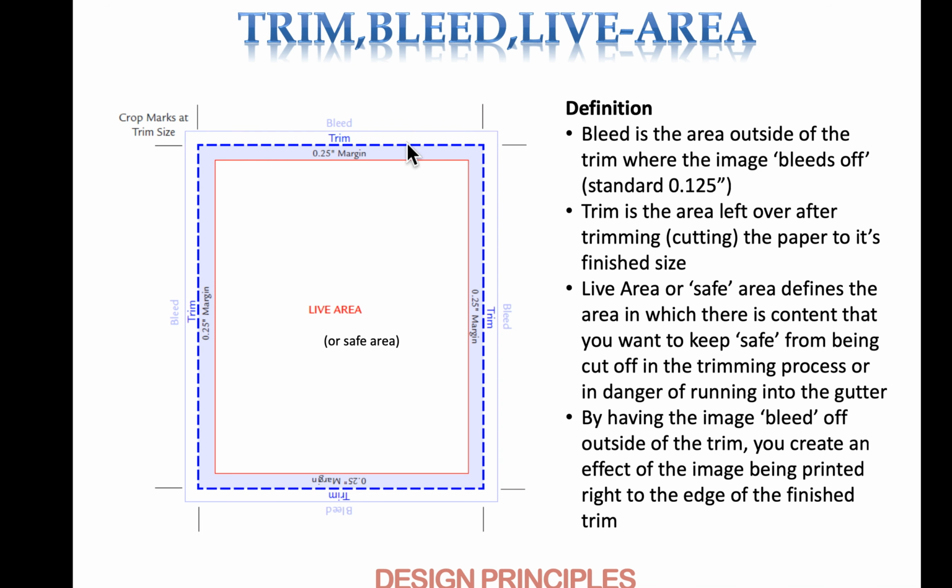So we need our image to exceed that in order to make it look like it's printed right to the edge. The reason a finished page is called trim is because you printed on larger size paper and it is trimmed to the actual size.